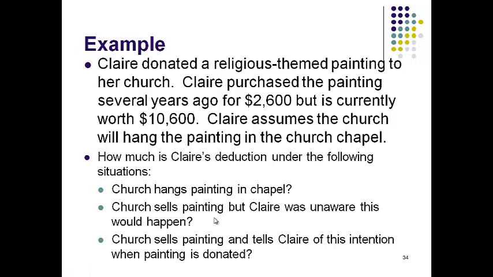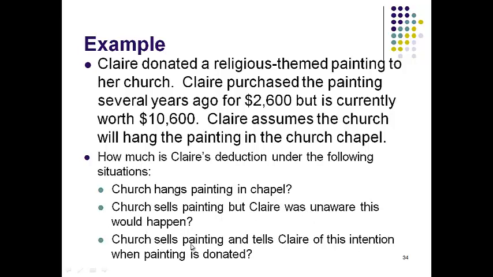It just becomes really hard to prove that you didn't know this in real life. And I would say that a lot of times the IRS would maybe err on the side of caution there and say, well, you assume they weren't going to hold on to this, so we're going to make you take a lower deduction. But with the facts that we're given here, I will say that the deduction is the same. It's $10,600 for these first two points, whether they hang it or whether they sell it and Claire didn't know.